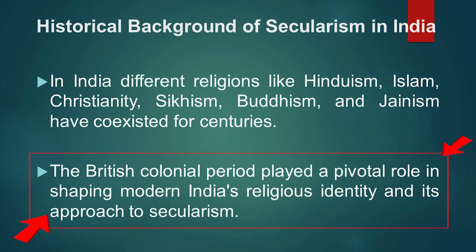While talking about the Indian approach towards secularism, we have to admit the role of the British rule in India. The British colonial period played a pivotal role in shaping modern India's religious identity and its approach towards secularism. British rule in India was accompanied by the development of a legal framework that categorized Indian people according to their religious communities and a divide and rule tactic that often resulted in communal tensions.